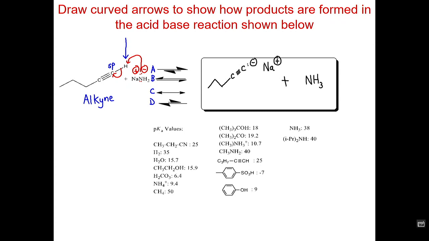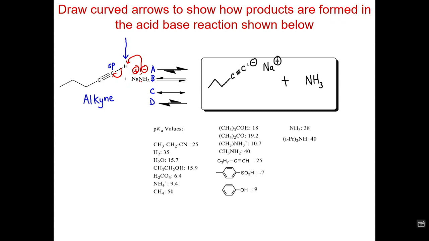So once you draw your arrows, it's very easy to draw the products that are formed from the acid-base reaction. That's the first part of this problem, to show arrows and draw the conjugate acid and the conjugate base of the reaction. So let's just write which is the conjugate acid and the conjugate base in this reaction. We started with an alkyne, which was the acid.